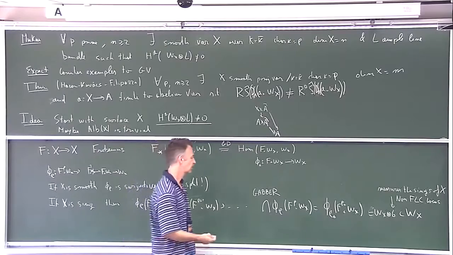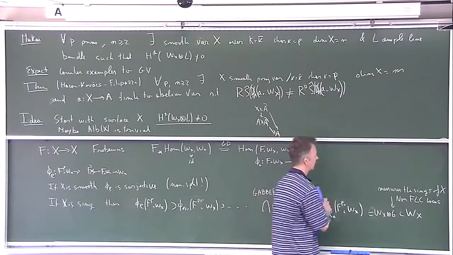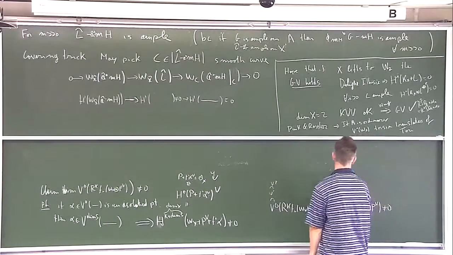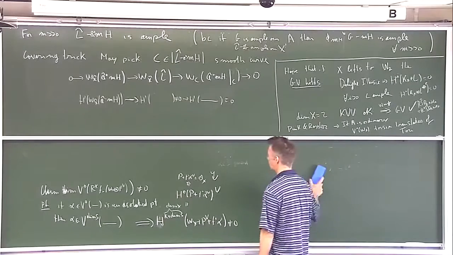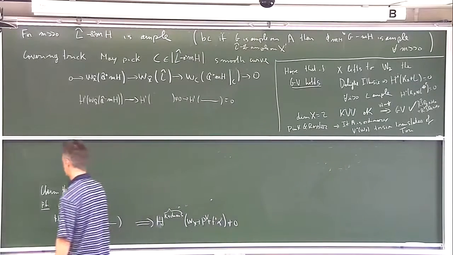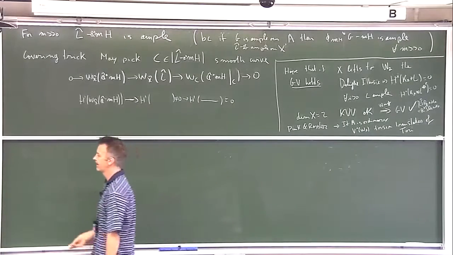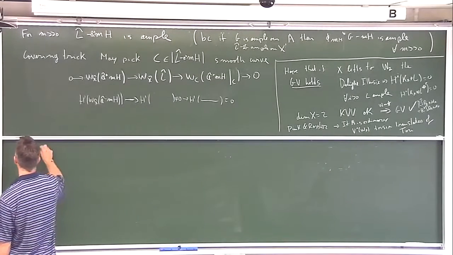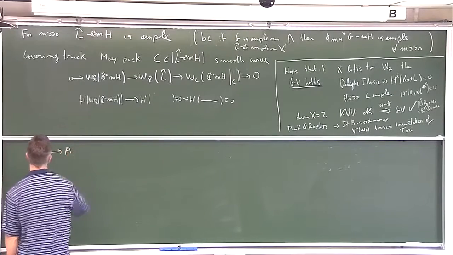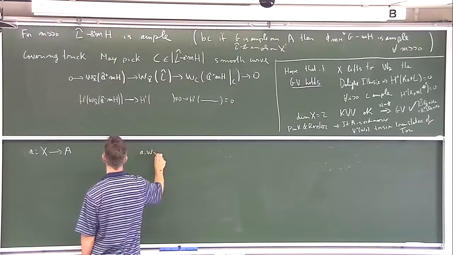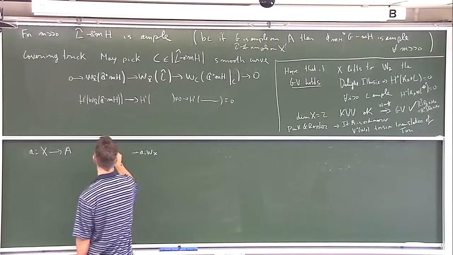Okay, so now you can do this kind of procedure not just for the canonical module, but for other kinds of modules. Of course, we are mostly interested in a map a from X to an abelian variety A. So here we could look at a lower star of ω_X, and we could look at F lower star of a lower star of ω_X.